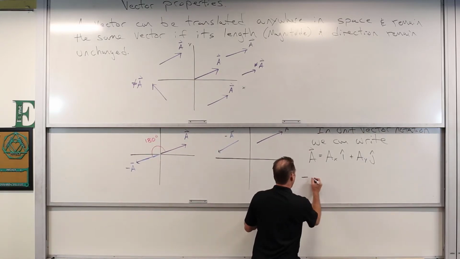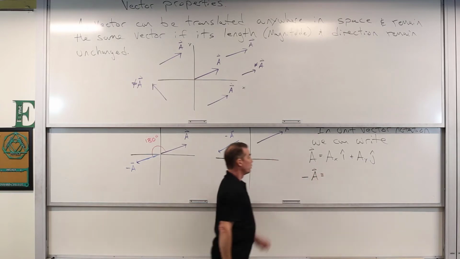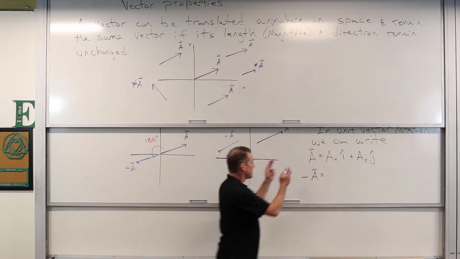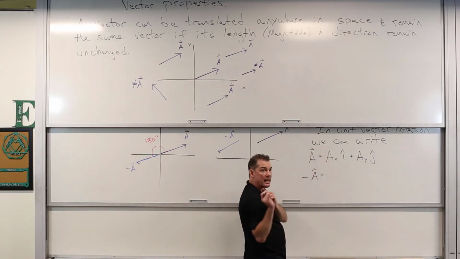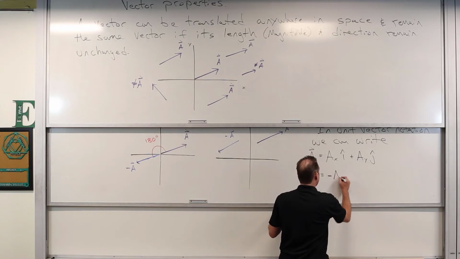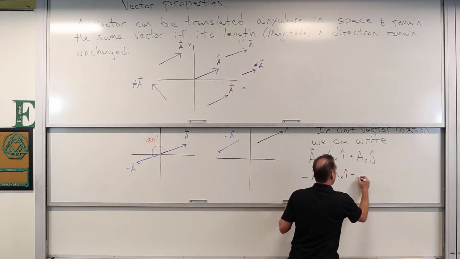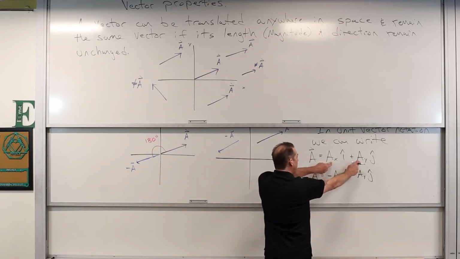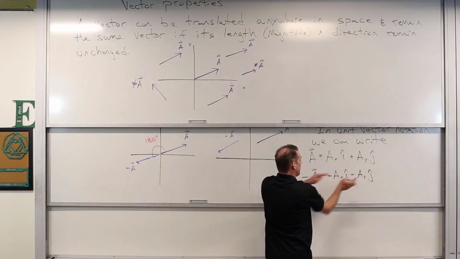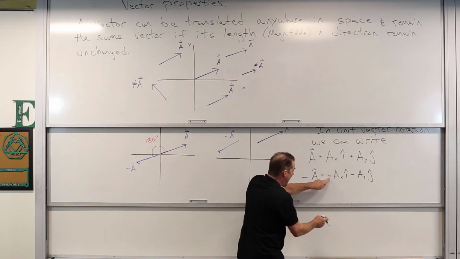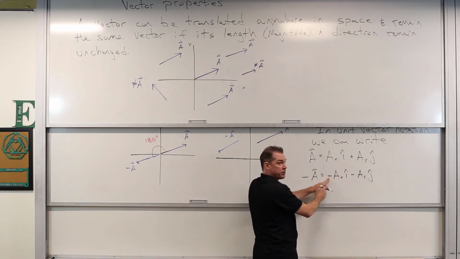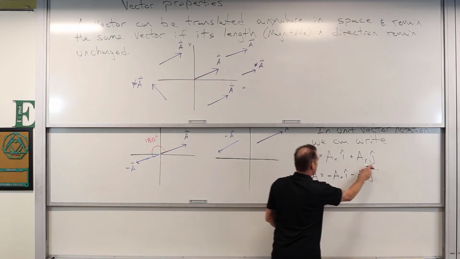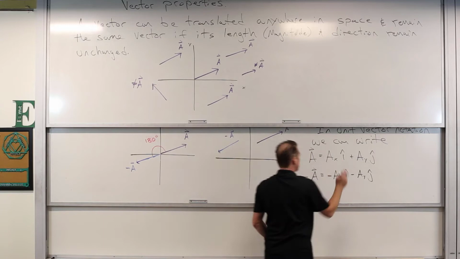Well, negative A hat is equal to negative A sub X I hat minus A sub Y J hat. The negative sign really just distributes through into the individual components. Not saying that these are necessarily positive and these are necessarily negative, it's just opposite, right? The I hat and the negative I hat are in opposite directions. So negative J hat, positive J hat. Negative I hat, positive I hat.